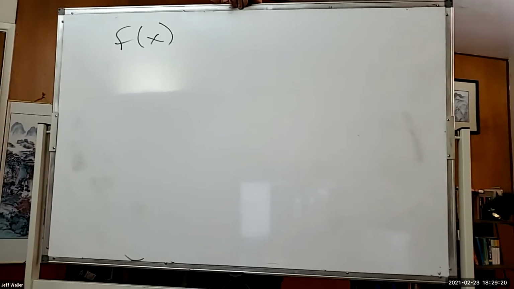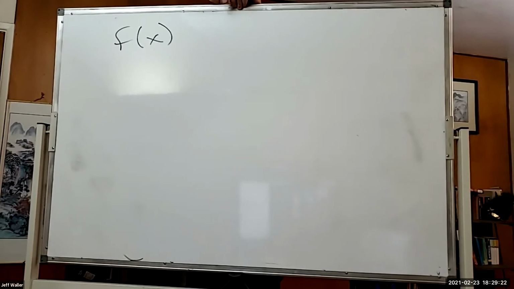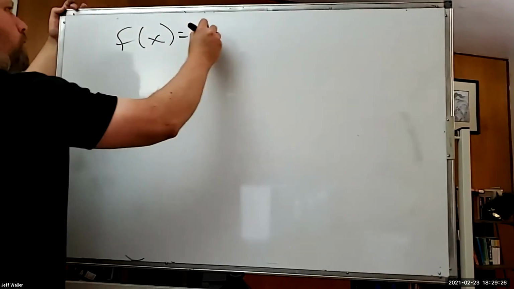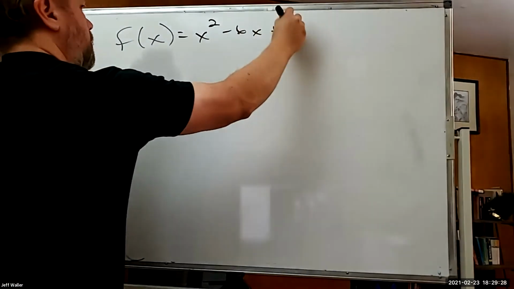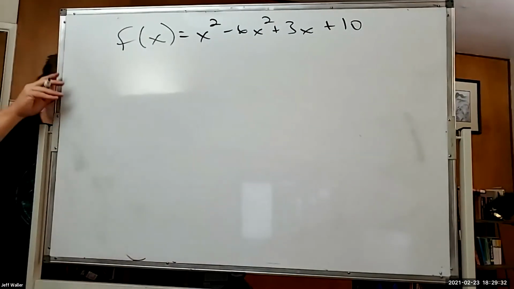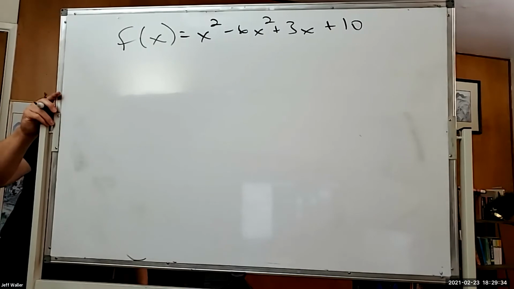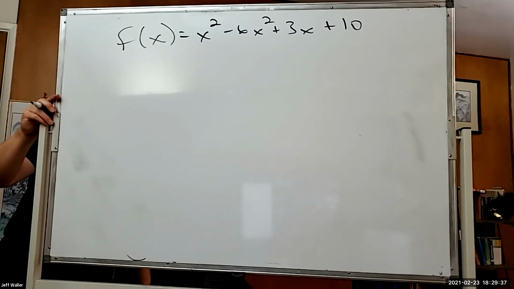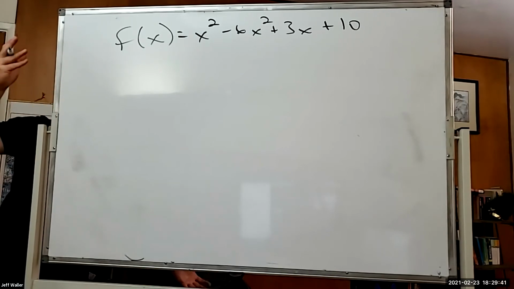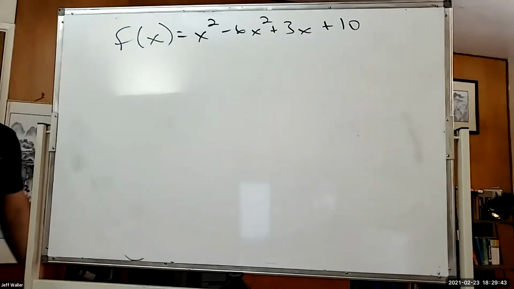X plus 10, plus 3x plus 10. Okay. 1, negative 6, 3, 10. All right, let's all pray that I did that correctly. That would be useful, Jeff. Yeah, I think so. Okay. I'm going to go with yes. Yeah, let's go.